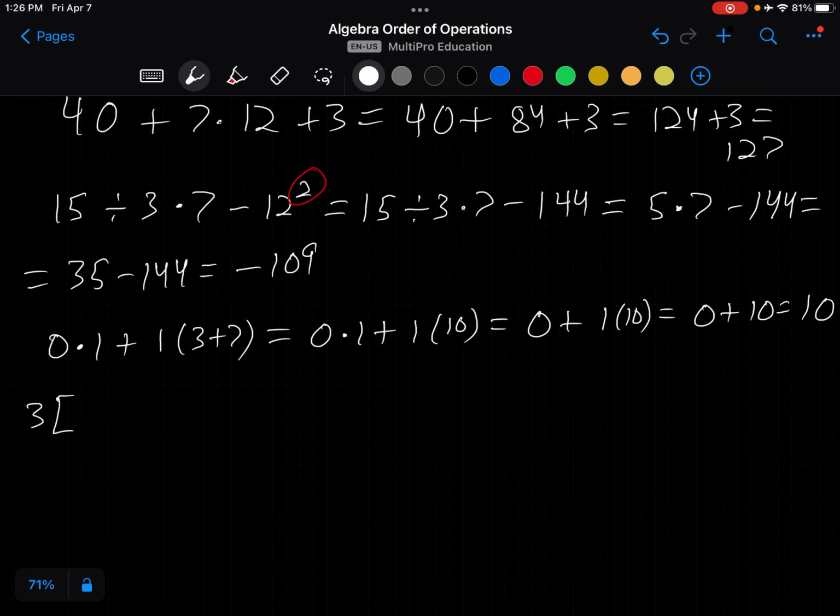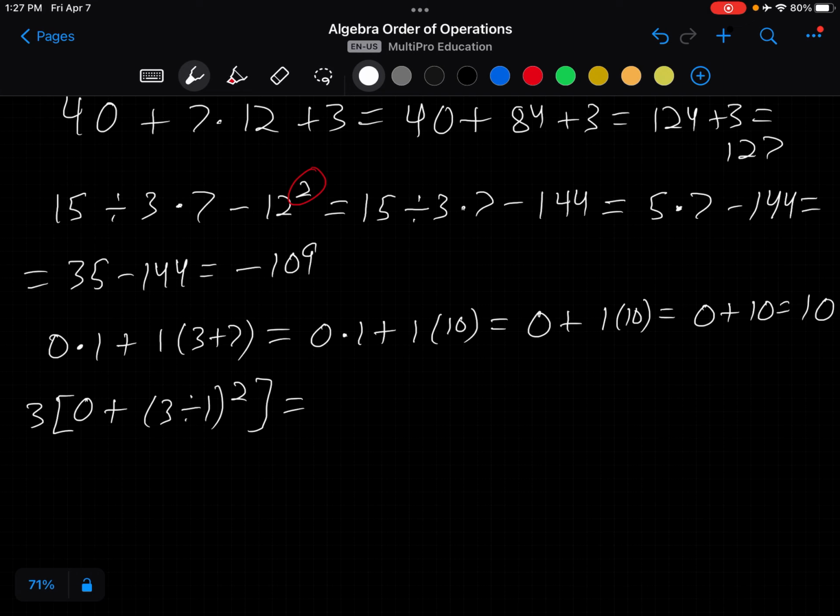3 times, and now we have big brackets here. So brackets are kind of like parentheses, except they group more. So you kind of work from the inside to the outside here. Okay, so we got 3 times 0 plus 3 divided by 1 squared.